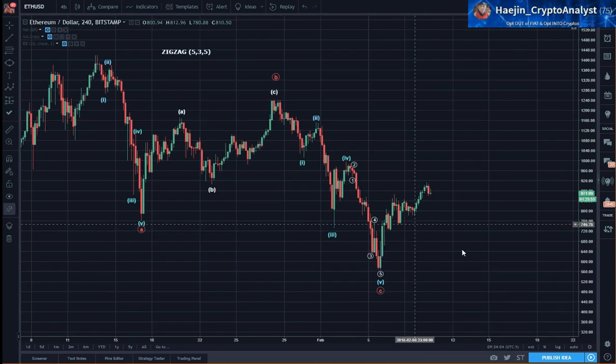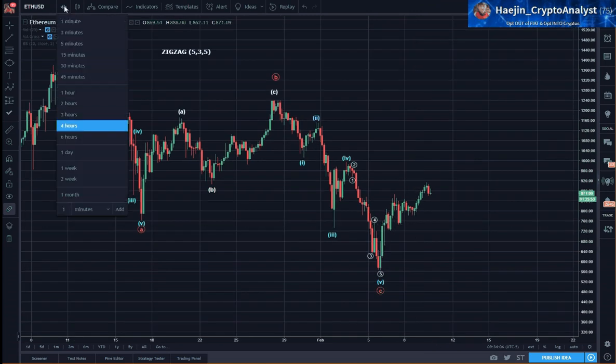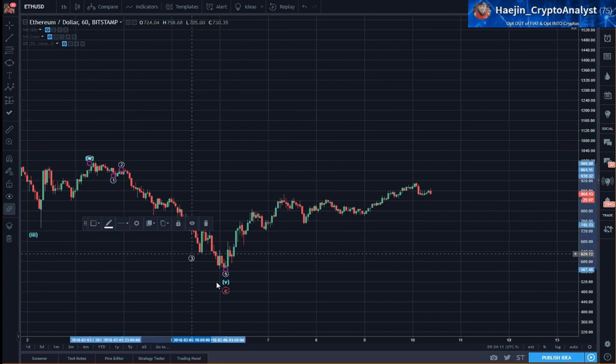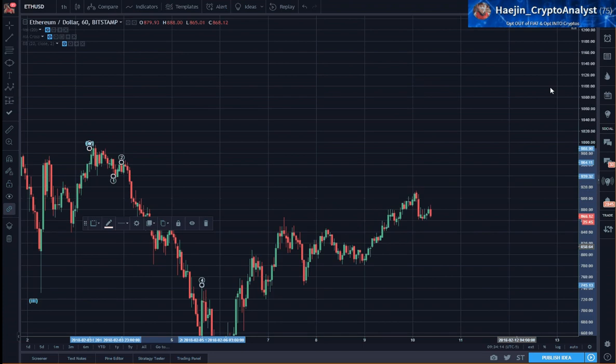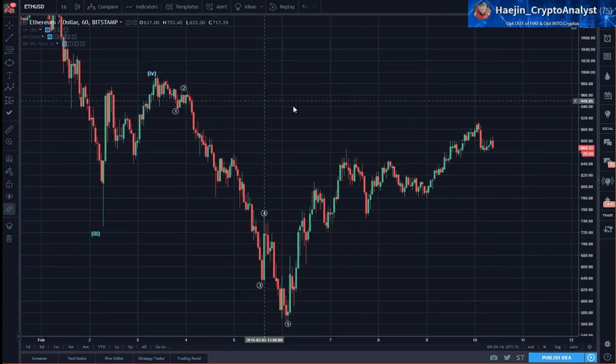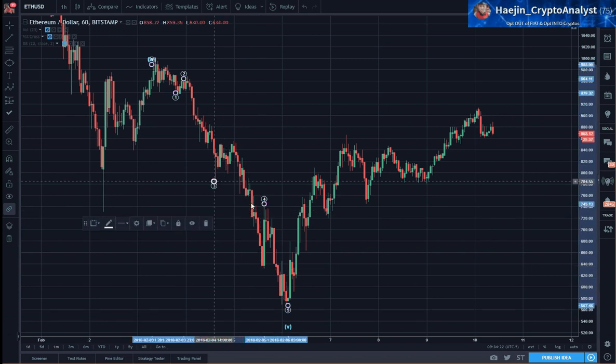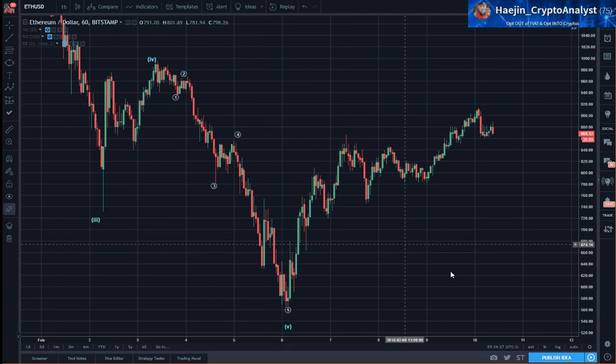Now I'm going to go to 1 hour. You can see here now the subwaves are a lot better. Right here. 1, 2, 3, 4, 5. Someone might say, well, why don't you put 3 and 4 right there? Technically, that will be a correct Elliott wave 5-wave count. Yes.